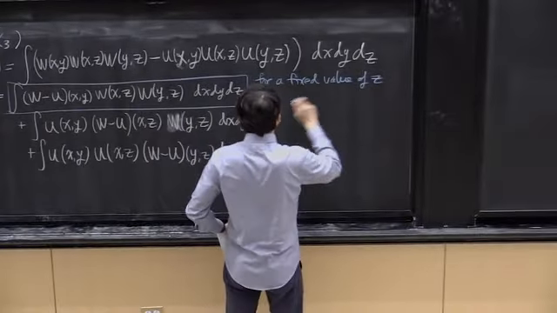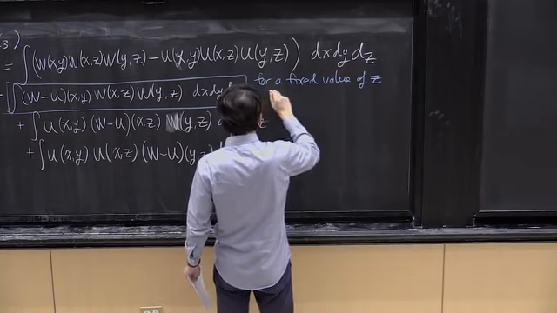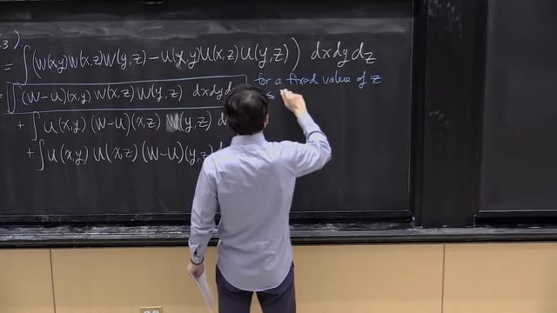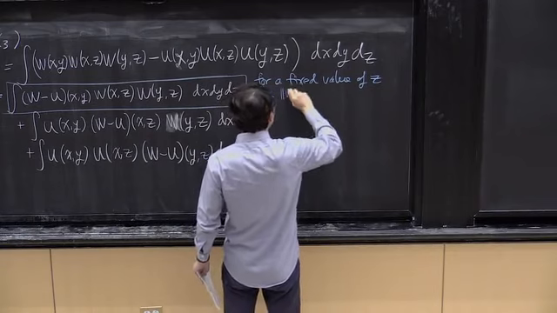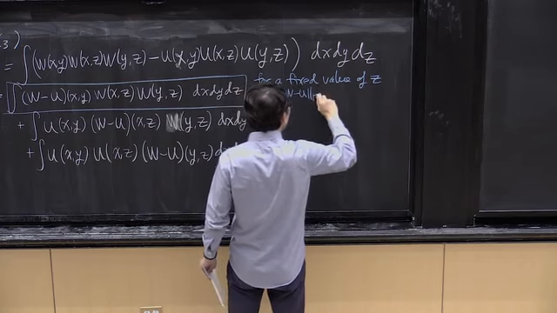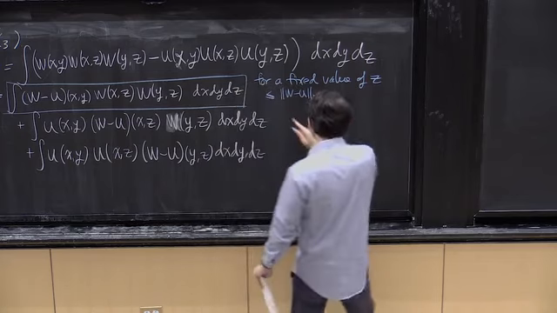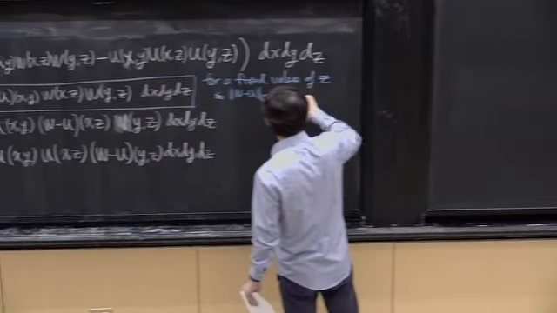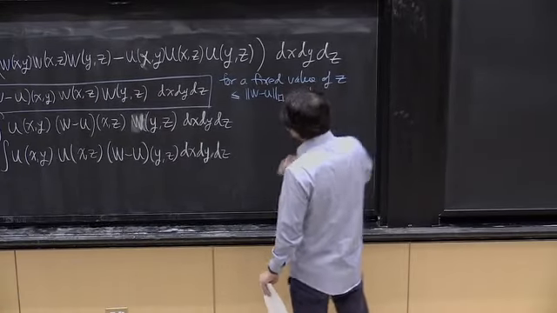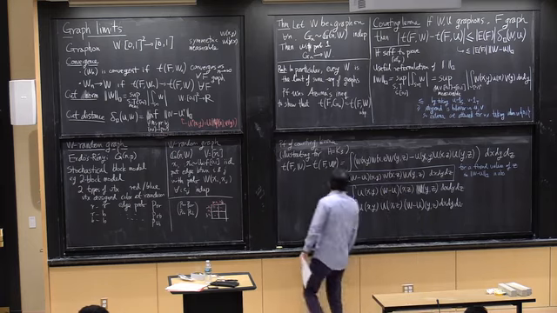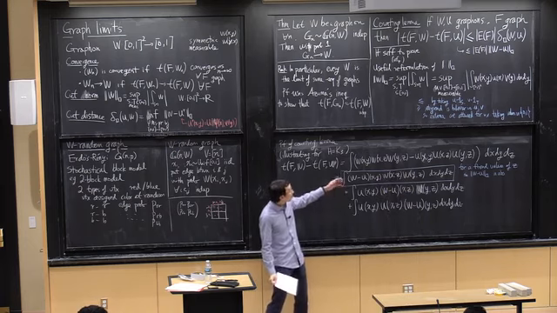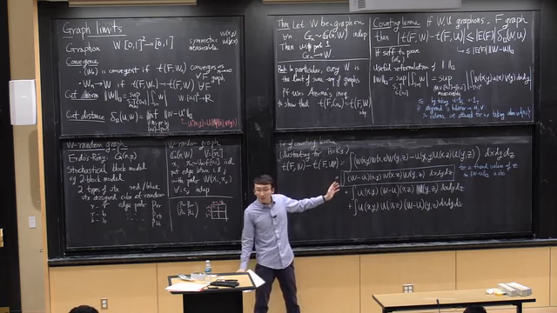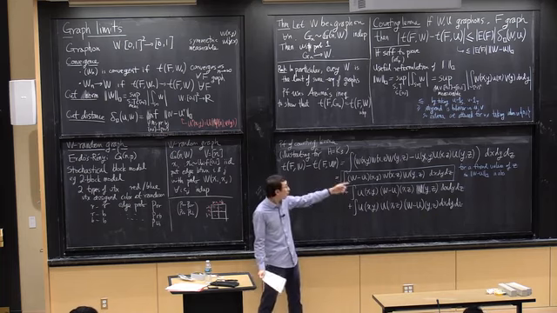So for a fixed value of z, this is at most the cut norm of W minus U in absolute value. If I let z vary, it is still bounded in absolute value by that quantity.